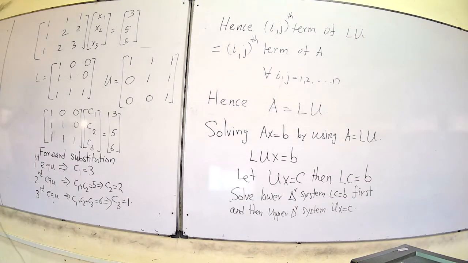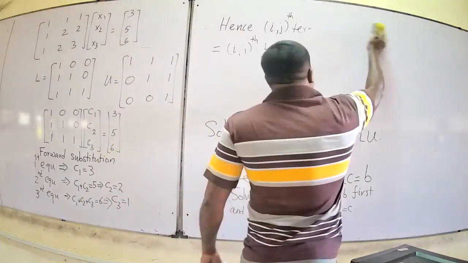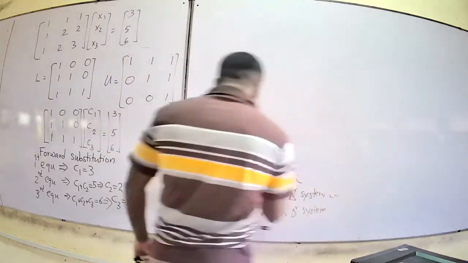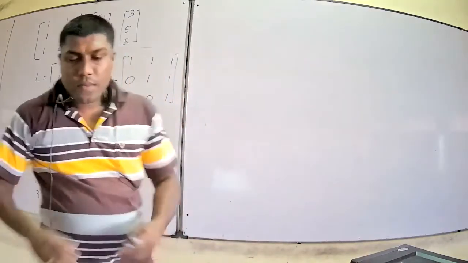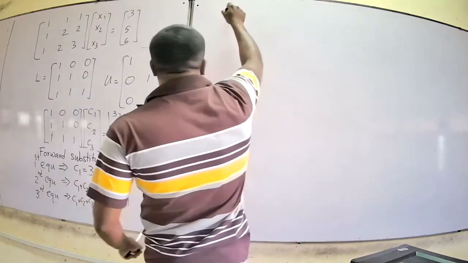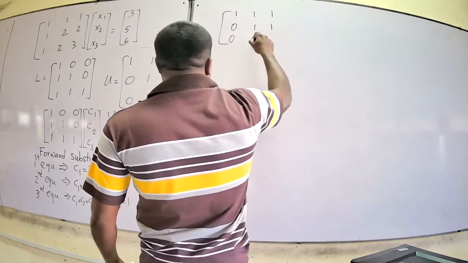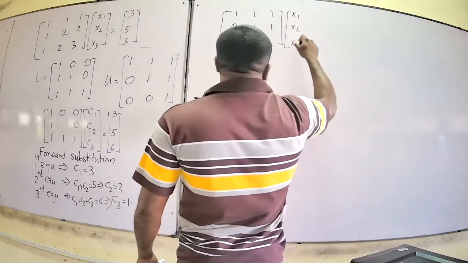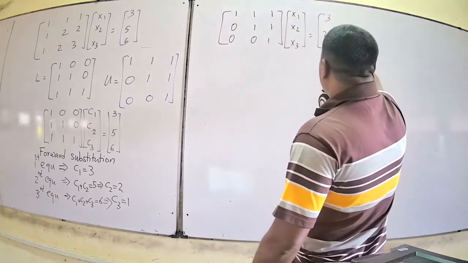Then you solve the upper triangular system, Ux is equal to C. You use 1 1 1, 0 1 1, 0 0 1 times x1 x2 x3 is equal to C. Now your C is 3 2 1.